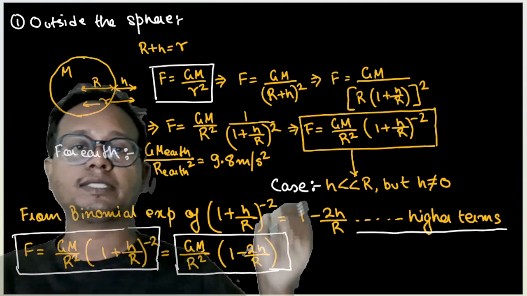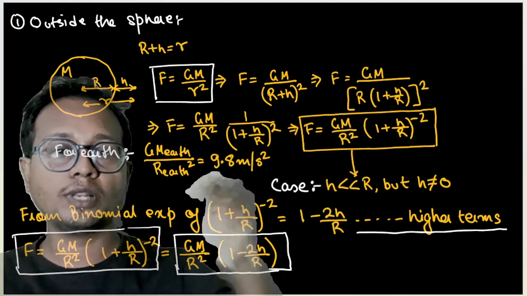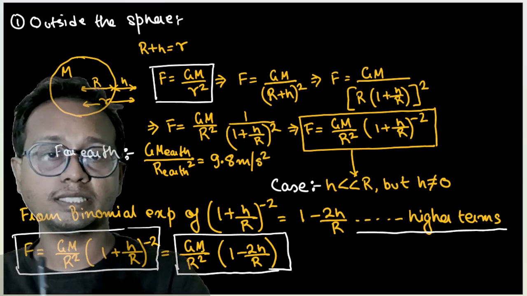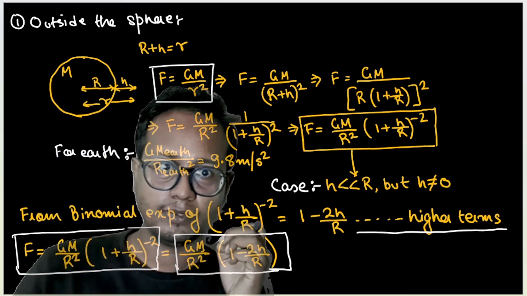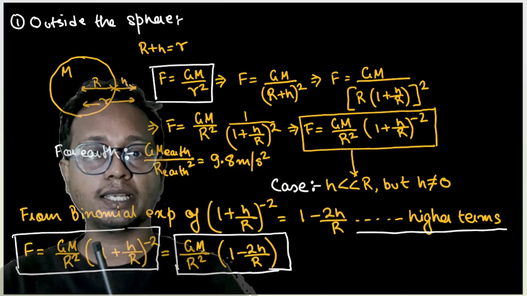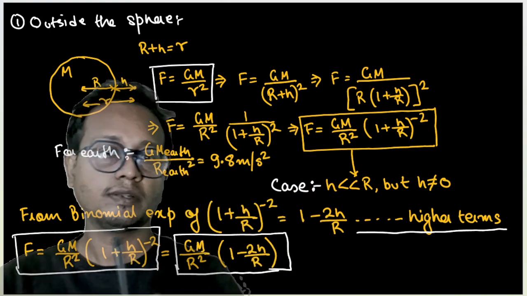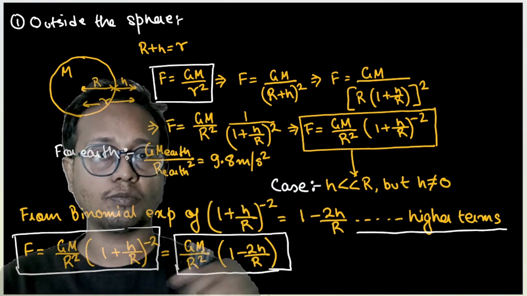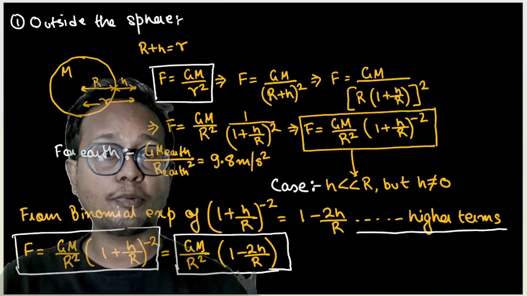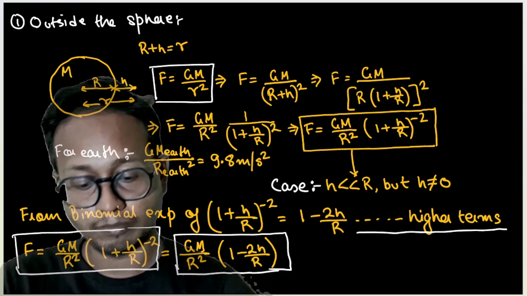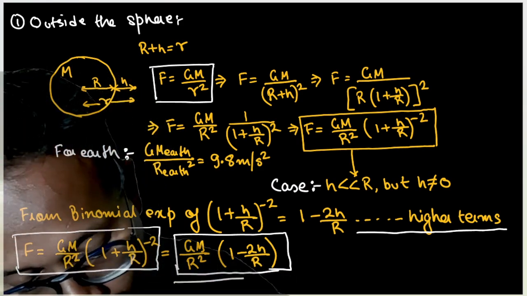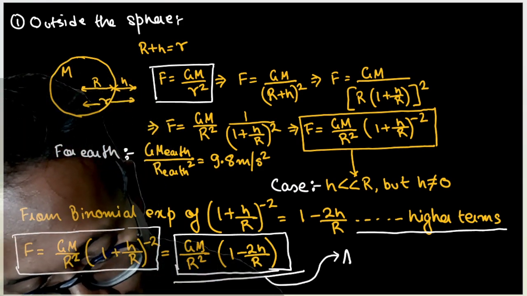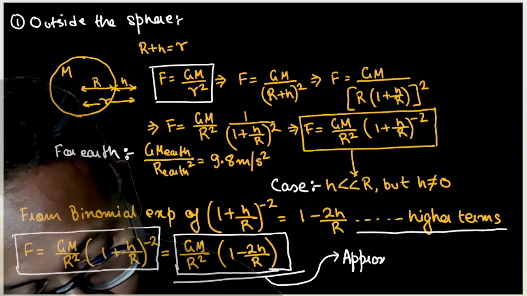See, this formula and this formula are the same thing, just different terms. They are the most accurate forms of the field formula. This is nothing but the approximate formula. That means only this much is the approximate formula. This out here is the approximate formula.